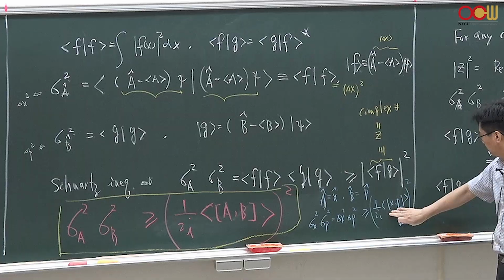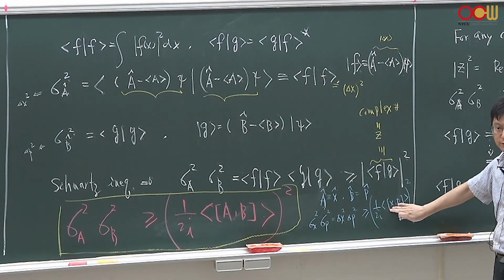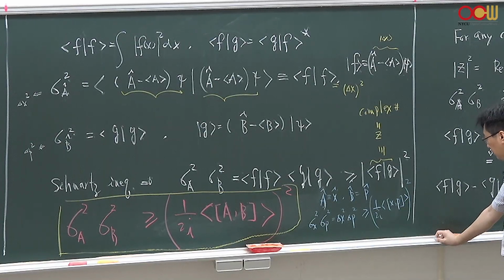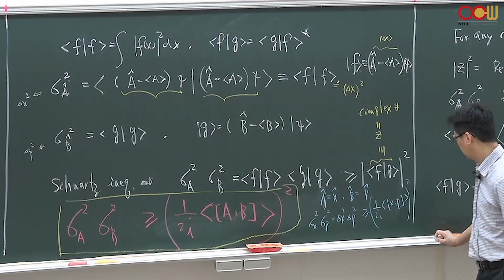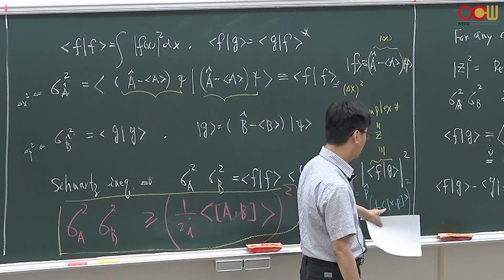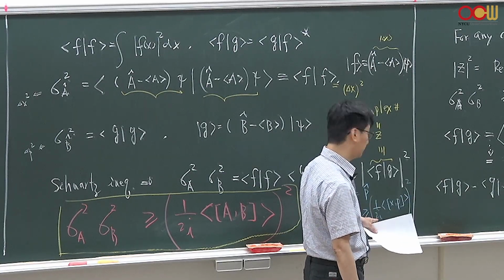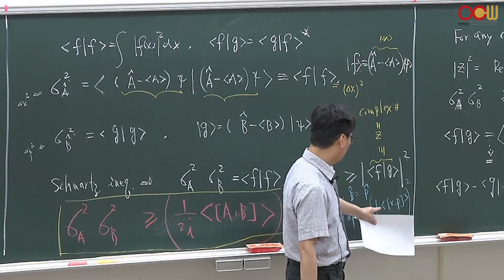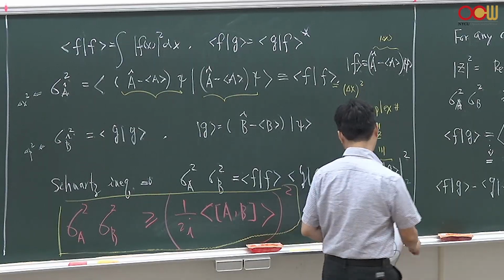But what is the commutator between x and p? Well, this is i h bar, right? So you get i h bar on the right-hand side, where the i cancels with the i in the denominator, and you get h bar over 2, and you square this.